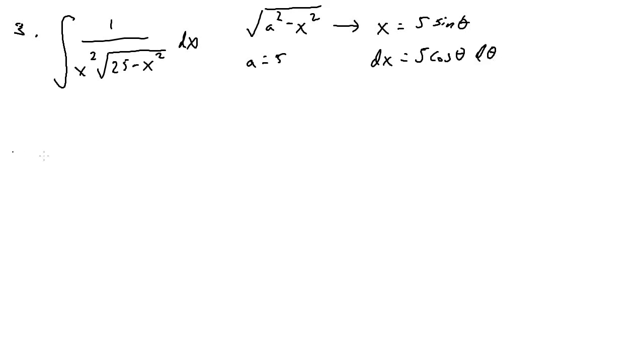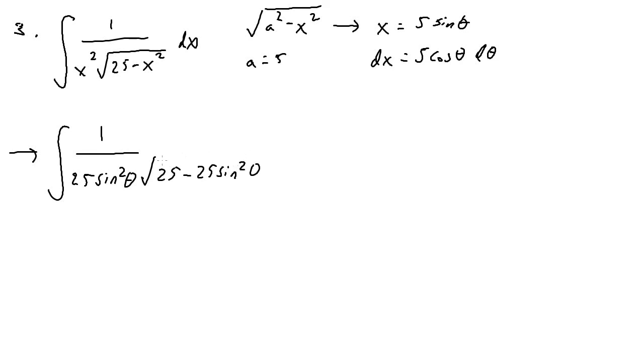And so when we substitute in, we'll get the integral of 1 over x squared, so 25 sine squared theta, times the square root of 25 minus 25 sine squared theta. And then obviously dx is equal to 5 cosine of theta d theta.